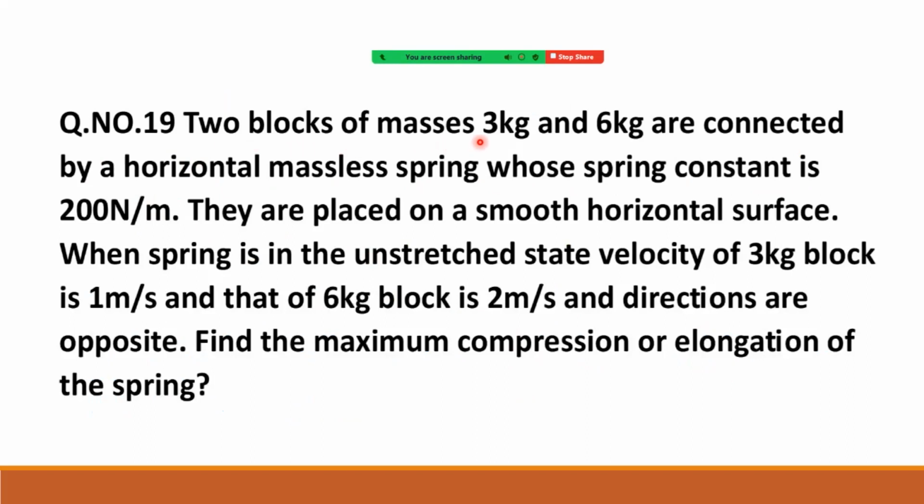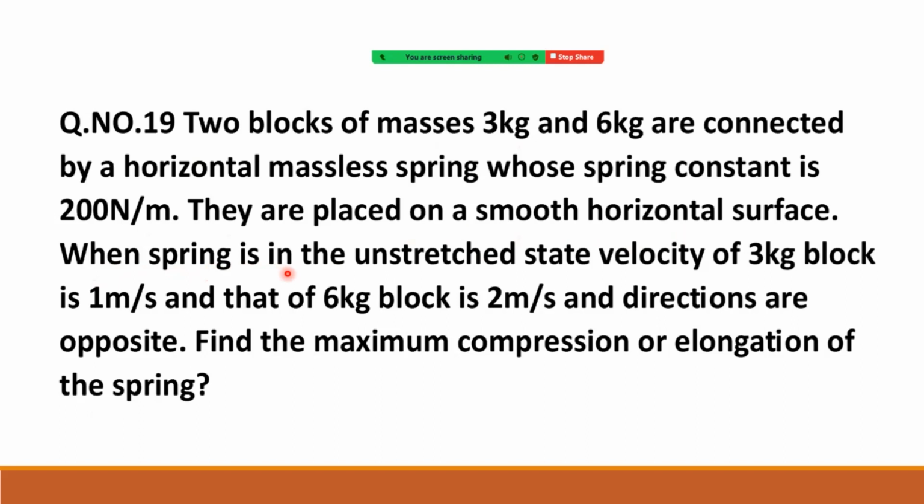Two blocks of masses 3 kg and 6 kg are connected by a horizontal massless spring whose spring constant is 200 Newton per meter. They are placed on a smooth horizontal surface.